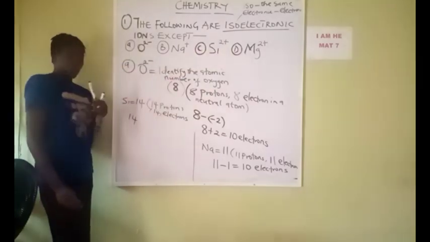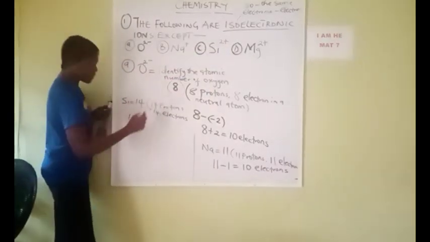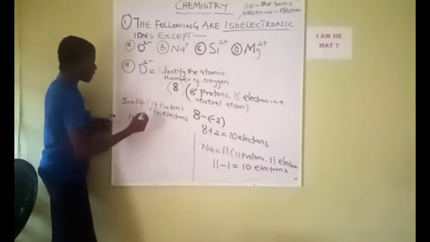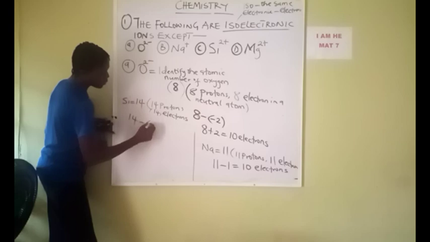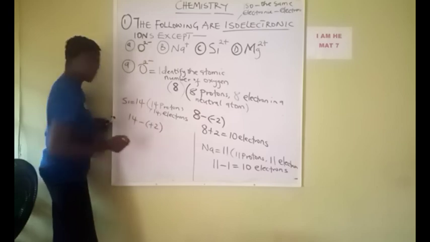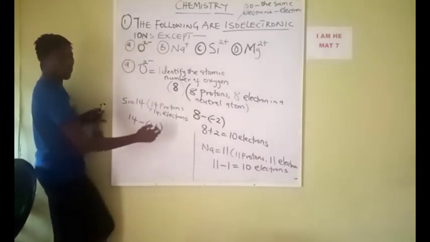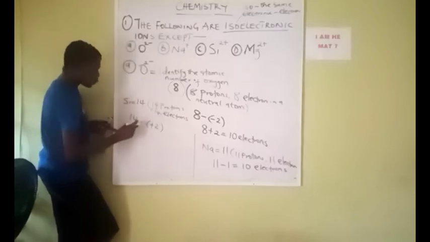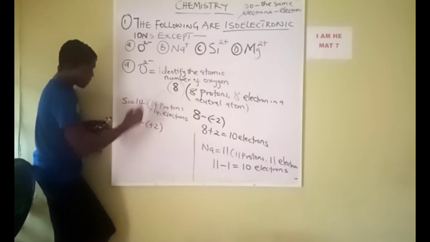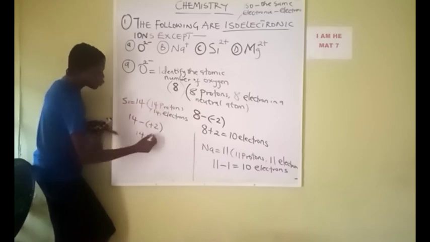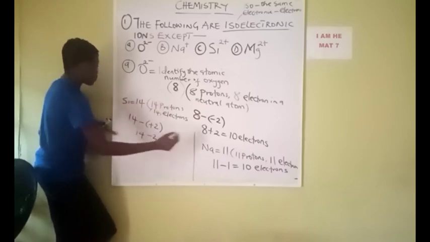Plus 2. So already we're subtracting to get our isoelectronic ion. So 14 minus plus 2: let's open the bracket. Plus times minus is minus, so 14 minus 2 will give us 12. That's for silicon.